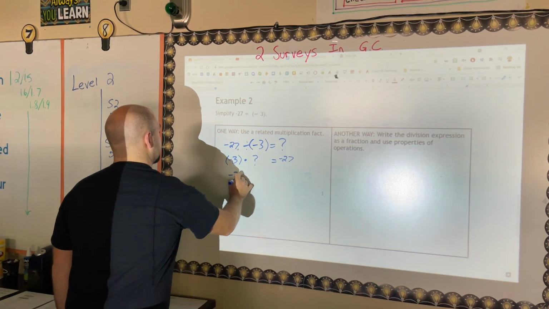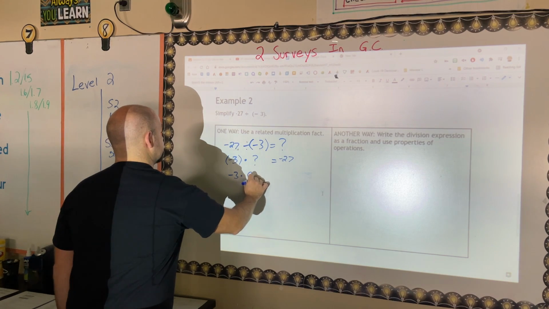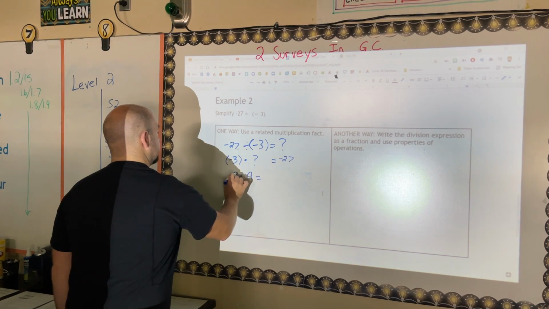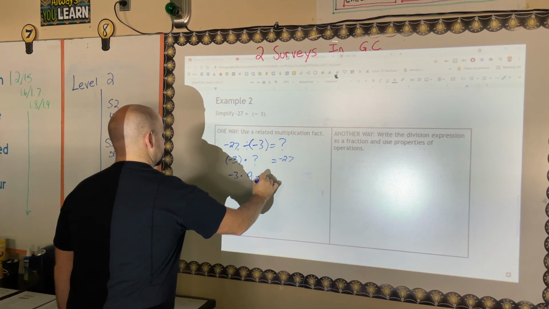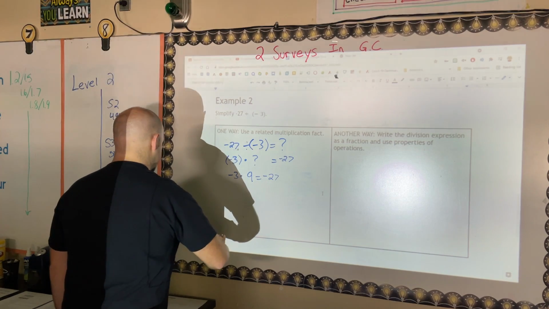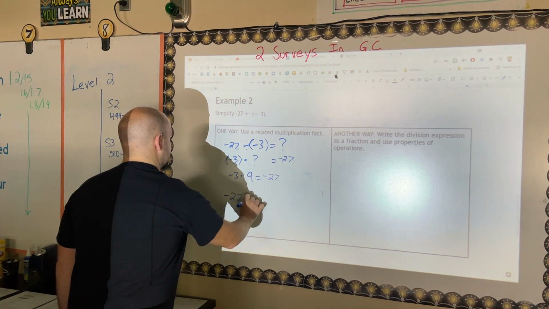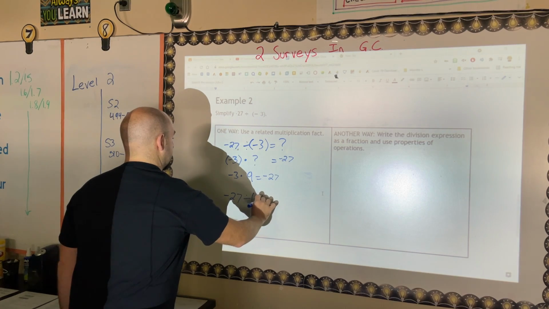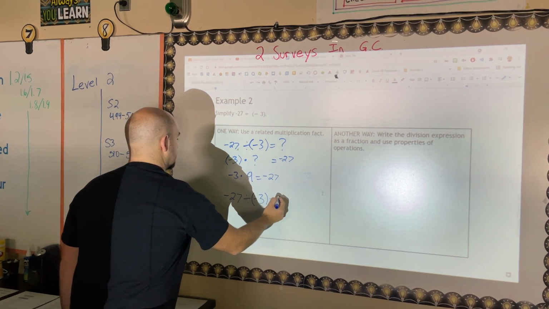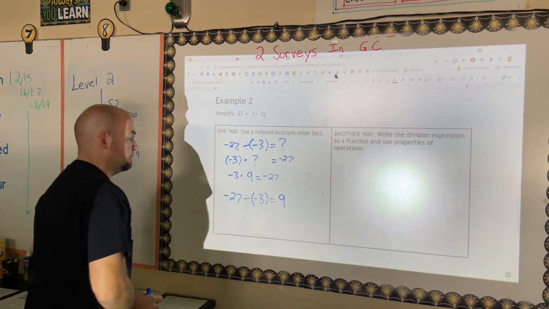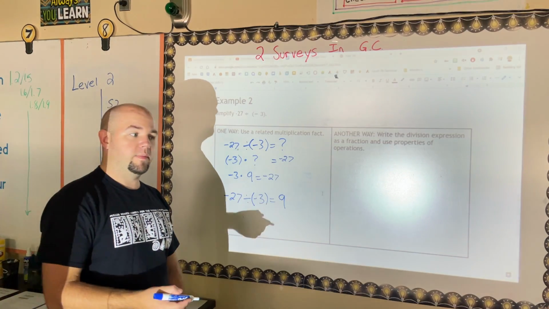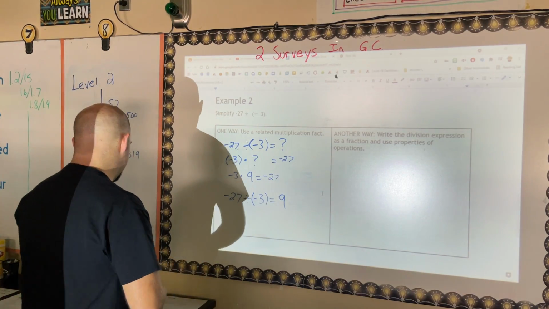So negative 3 times a positive 9, negative times a positive equals a negative. So we know then that negative 27 divided by a negative 3 equals a positive 9. A negative divided by a negative equals a positive.